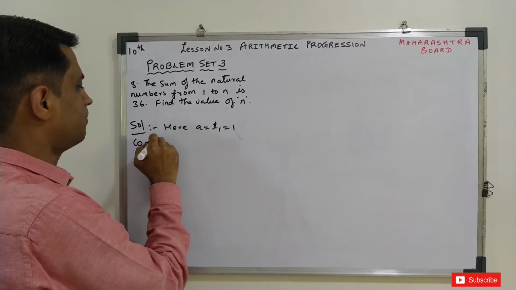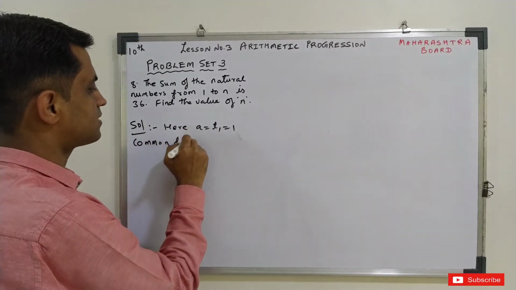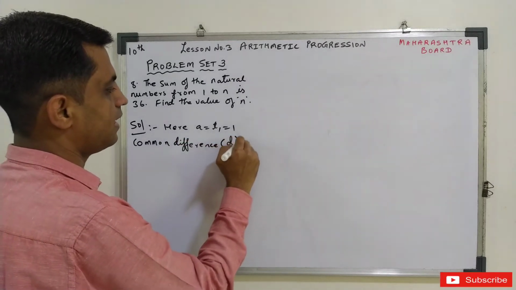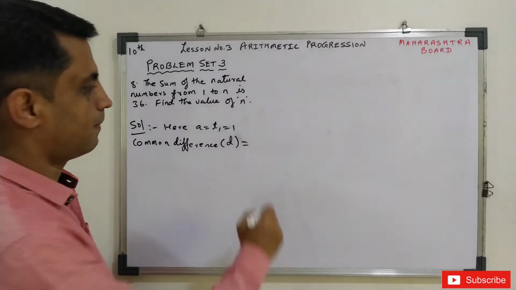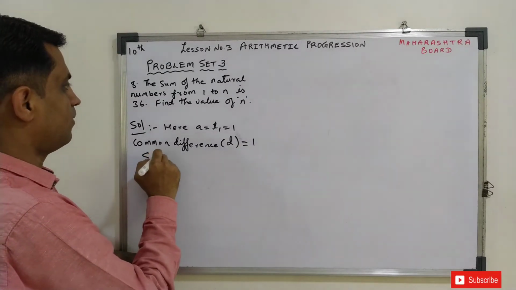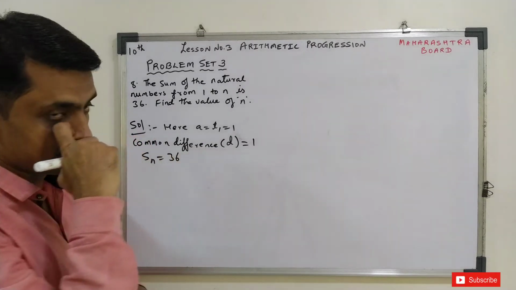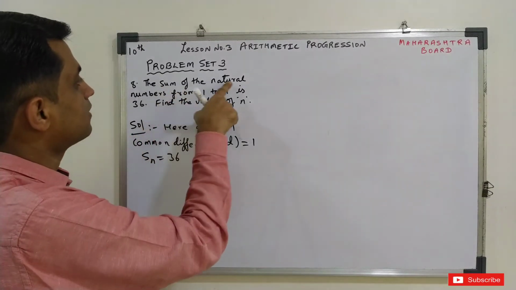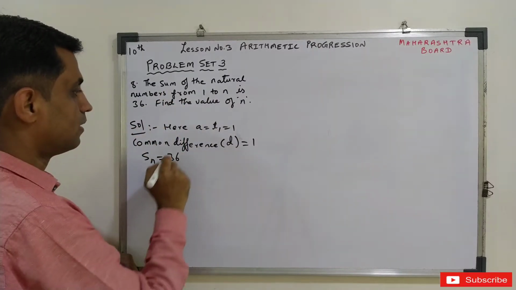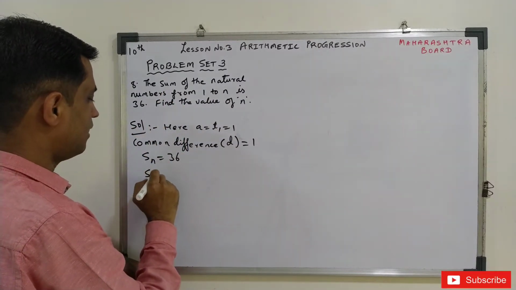They are the natural numbers, so the common difference is 1, one after the other. What will be the Sn? 36, because the sum of the natural numbers from 1 to n is 36. Sum means this Sn.